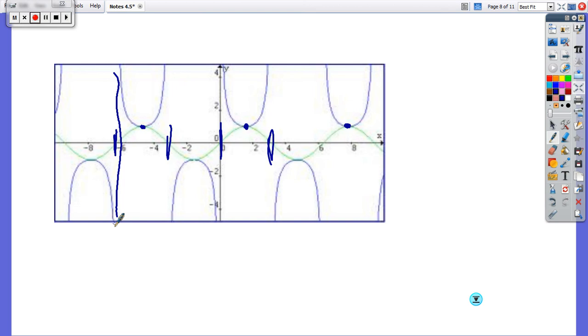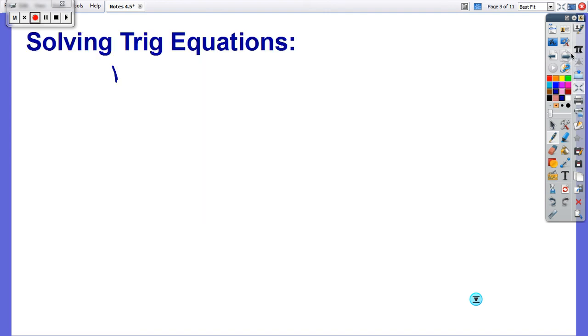And sort of the same thing, secant and cosecant have this in common. The maximum of sine is the minimum of cosecant, and the minimum of sine is the maximum of cosecant. Pretty easy.